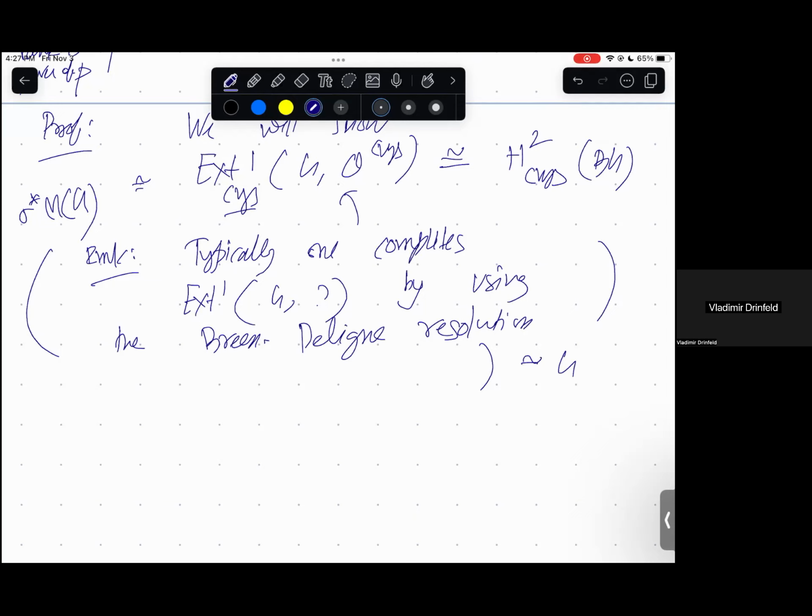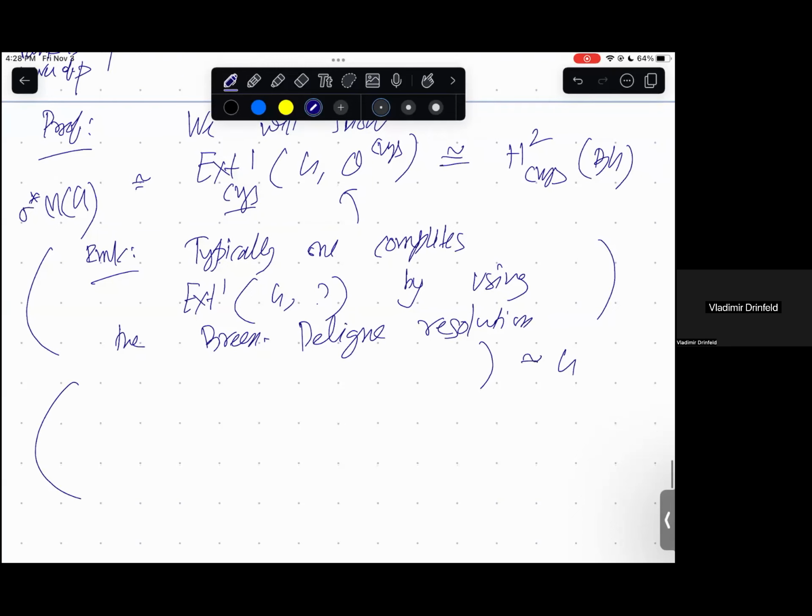So in this situation, the group Ext^1 from G to A is a subgroup of H^2 of G with coefficients in A. And I hope that at least as far as, so you wrote two isomorphisms, and the one on the right hopefully comes from this simple observation.